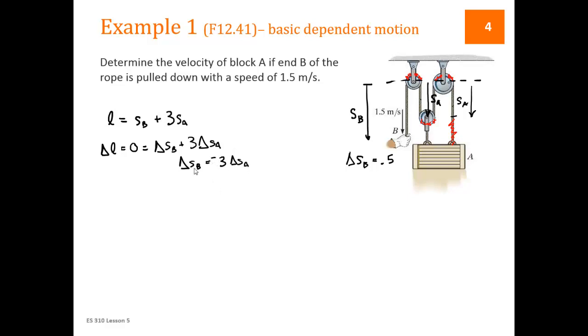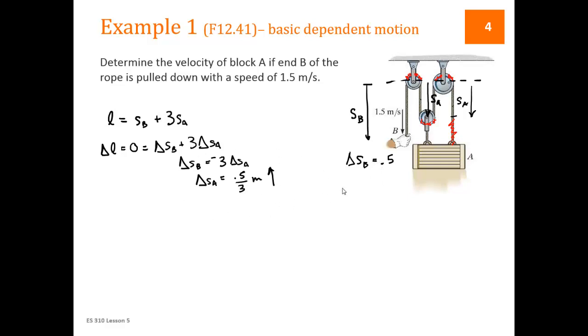And so delta SA is going to equal 0.5 divided by 3 meters. And SB was down and SA is up as our directions. So that's how we would do things with differential elements.